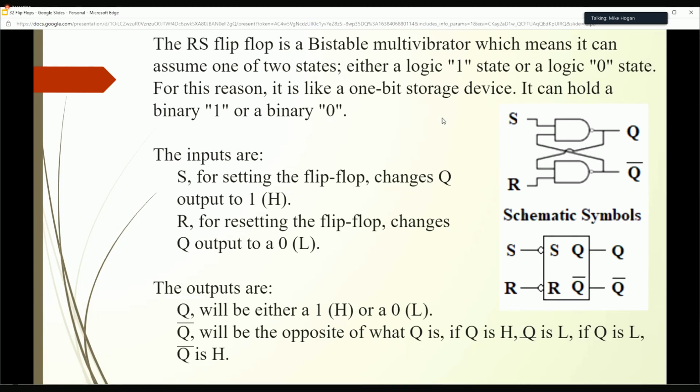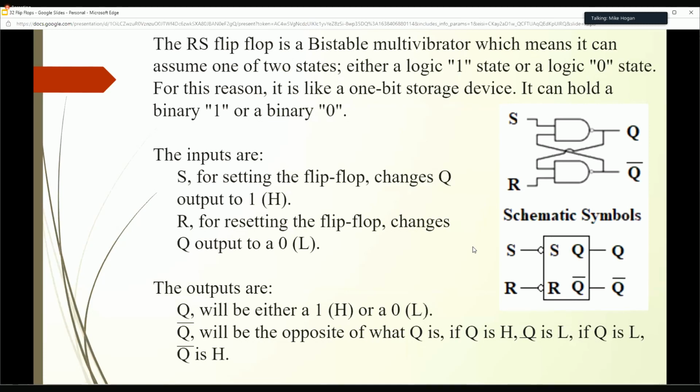bistable multivibrator, which means that it can be only one of two states. It can change, it can go from one state to the other depending on the input, but it's only going to be one of those two states. And once we set it, it's going to hold that state until we do something to cause it to change. So this RS flip-flop is only holding one bit.